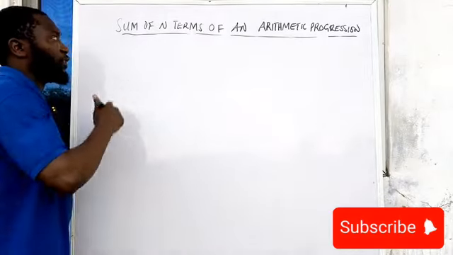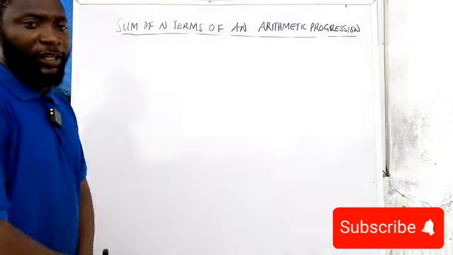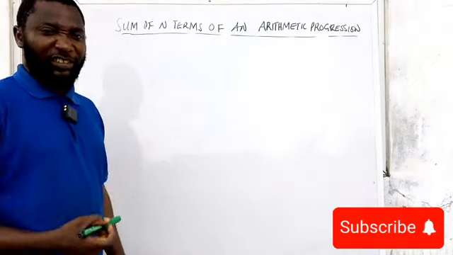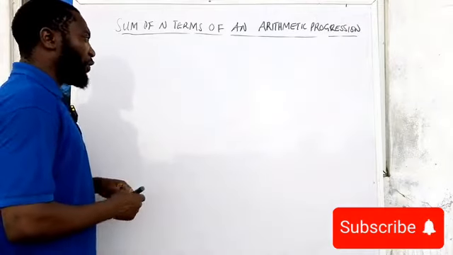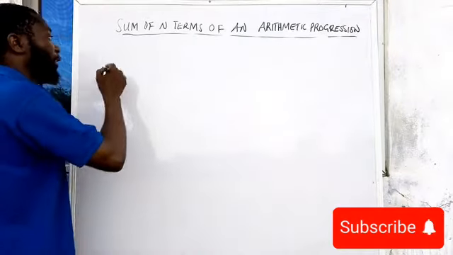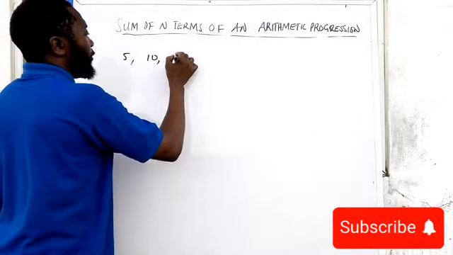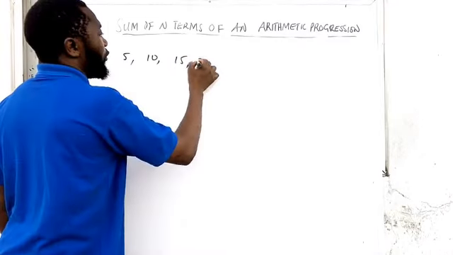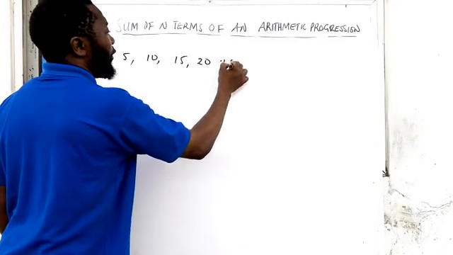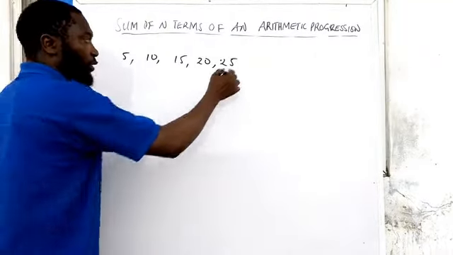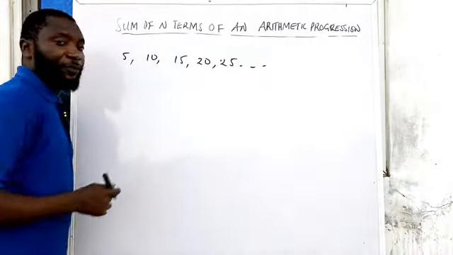Now, here we want to consider the sum of the n terms of an arithmetic progression. This is also known as the series. You know, we said when you have a sequence of numbers like 5, 10, 15, 20, 25. Look at this. Each term is being generated by addition of 5.